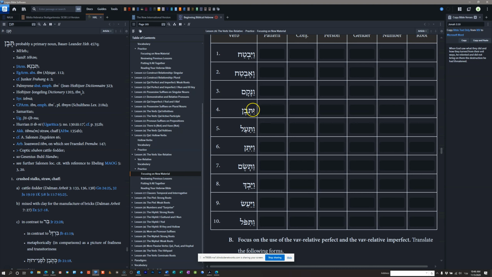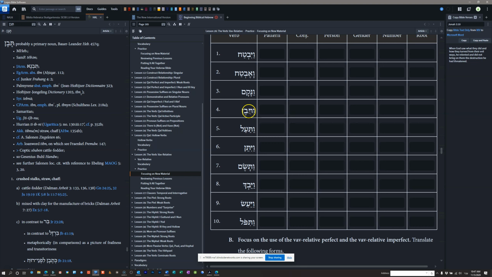So we could ask, is tiv ever used as a prefix? No, we don't get a tiv prefix that includes the bet. So the bet must be part of the root as well. Well, we know that tav bet nun isn't a root, so that must mean that tav is a prefix, or at least not part of the root.